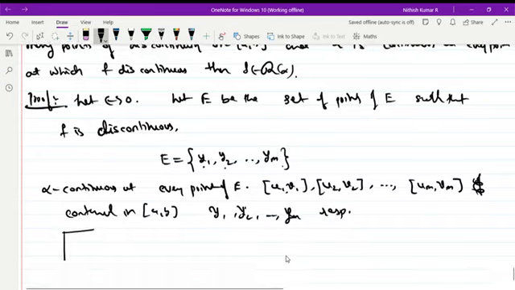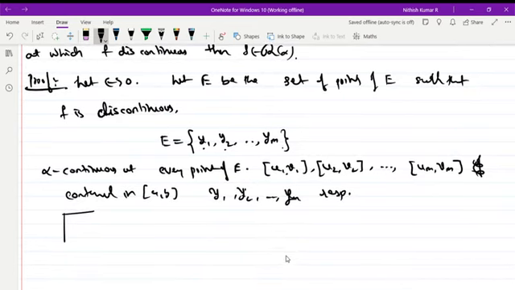Now how does such a type of interval exist?